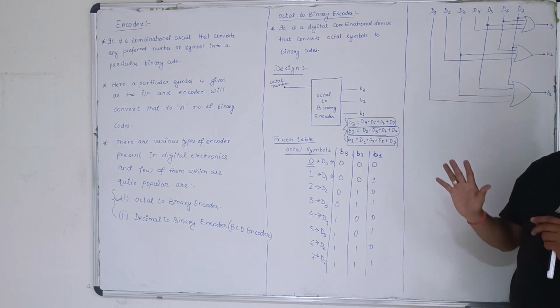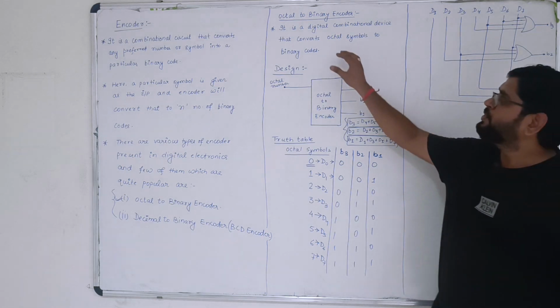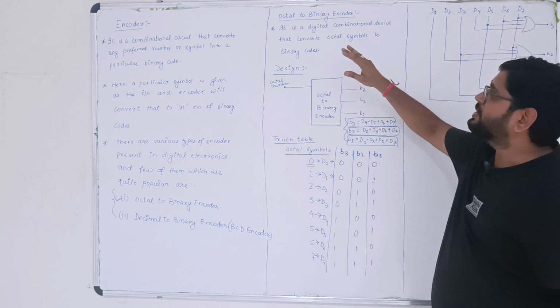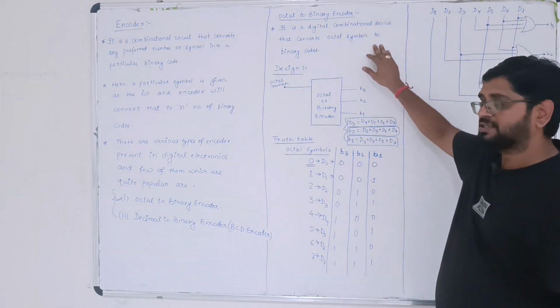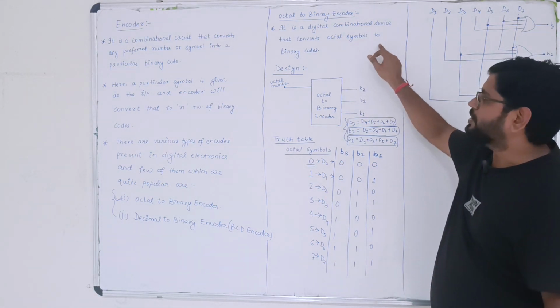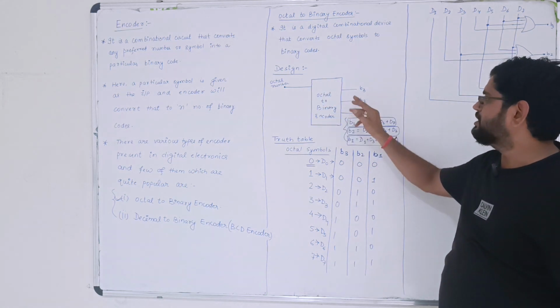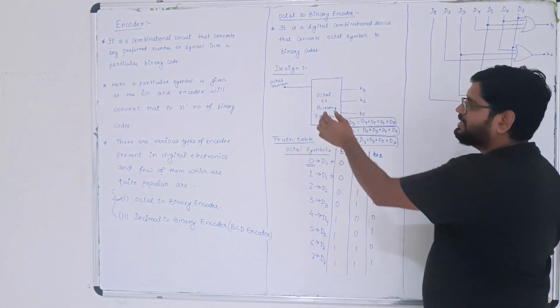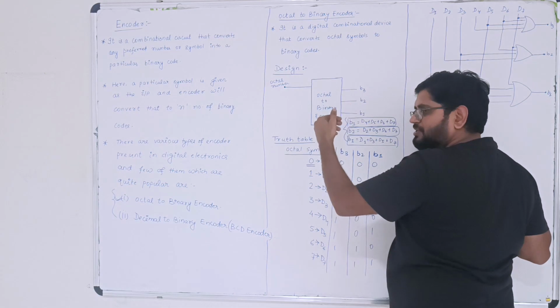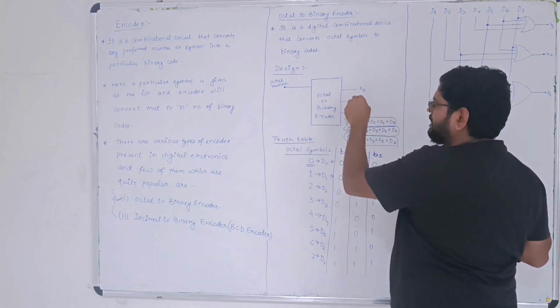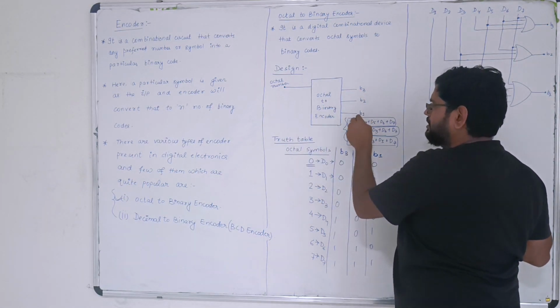Once again, I'm repeating it for your convenience. What exactly are we doing? What is an octal to binary encoder? It is a digital combinational circuit that converts octal symbols to binary. We are giving octal numbers as the input and it is converting them to binary. We know that any octal number can be represented in binary format by three variables, therefore we are taking three outputs, that is B3, B2 and B1.